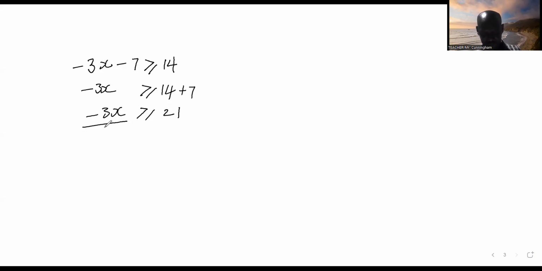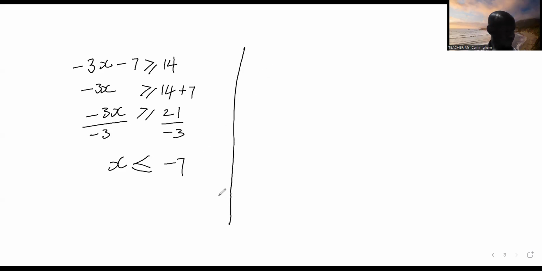If you have to divide by negative 3, the sign changes. So now x is less than or equal to negative 7. You understand that, Ashley? That's a little trick that I just wanted to remind students.